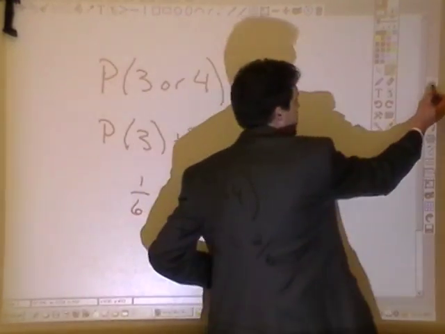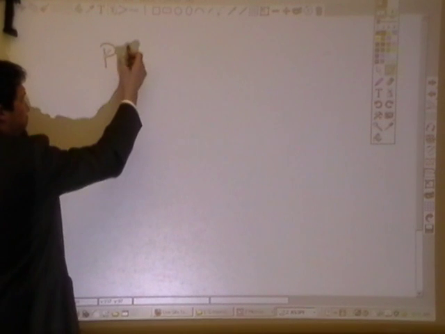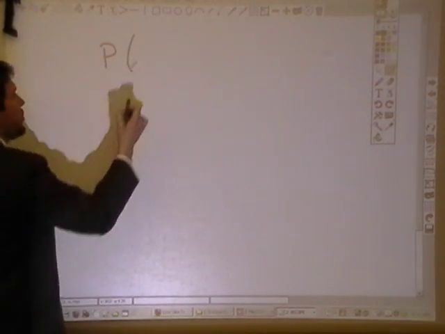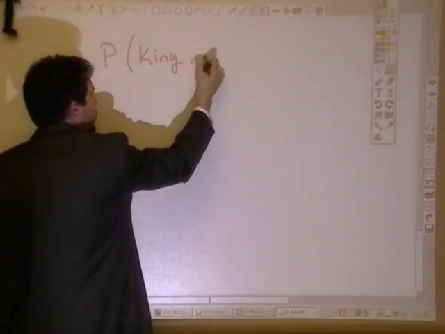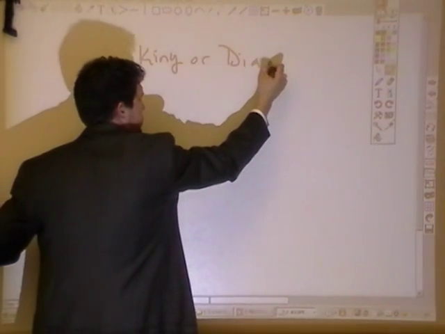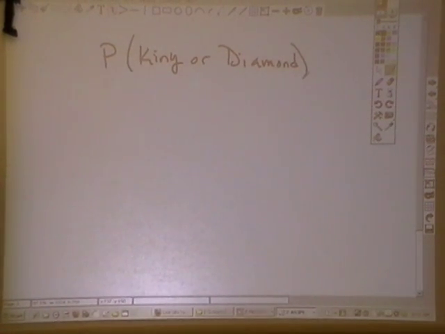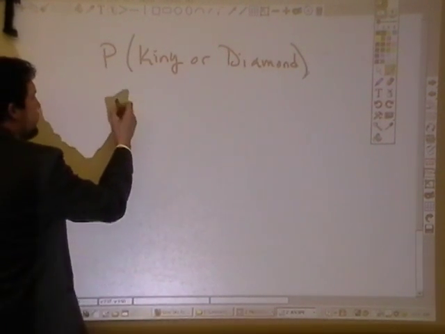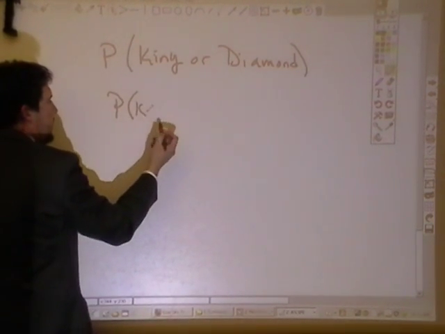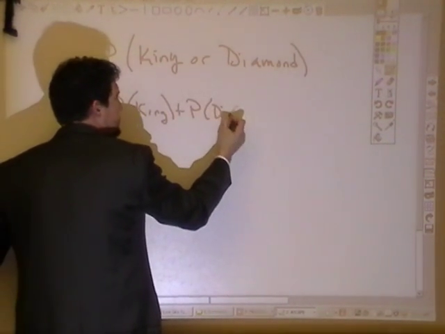But what happens if I have this statement instead? What's the probability that from a deck of cards, I pull out a king or I pull out a diamond? If I pull out a king or a diamond, that means we're talking about the probability of a king plus the probability of a diamond.